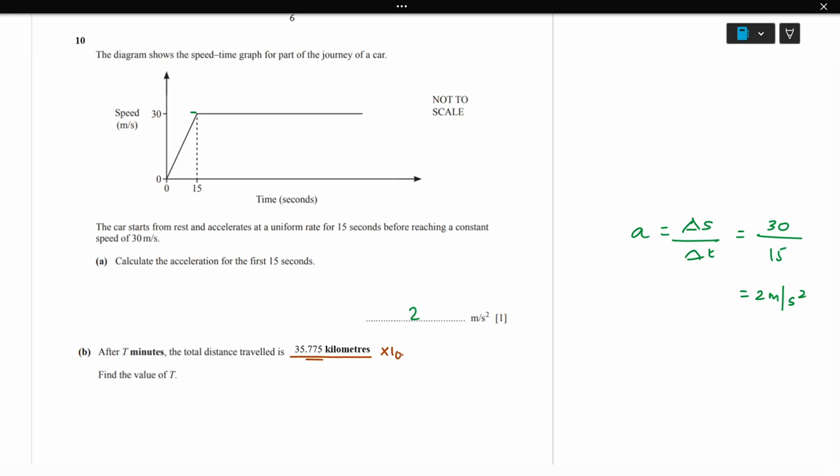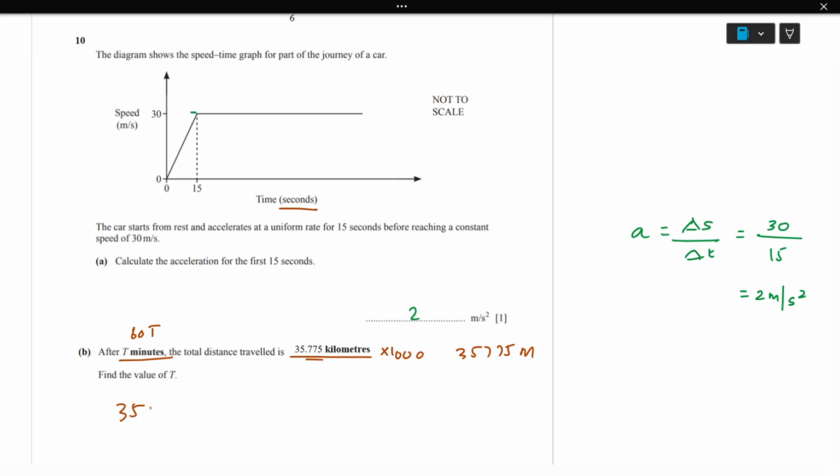We need to multiply by 1,000, which gives 35775 meters. The time in the question is given in seconds, but here we have minutes, so we need to change to seconds. Minutes to seconds we multiply by 60, so it becomes 60t.